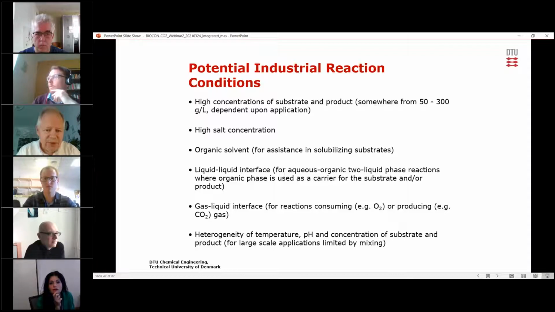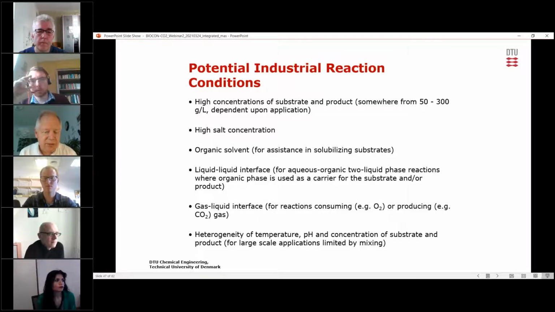And then gas-liquid interface for reactions which consume oxygen or produce CO2, or of course here when we talk about CO2 capture and use, exactly as Tom has mentioned earlier, then we really talk about using CO2 and getting it into solution, of course, is very important. But here we also have a gas-liquid interface. And many times we see proteins do not like to be at a gas-liquid interface, and that they start to unfold, or in the case of multimers, then their subunits fall apart. And this is really a challenge as well, to be able to deal with that kind of environment.